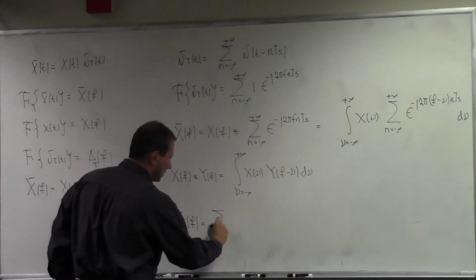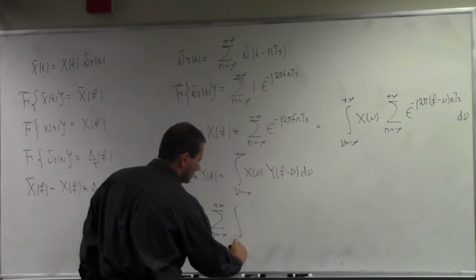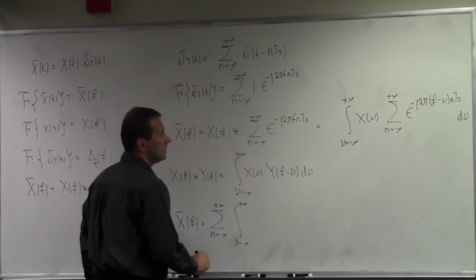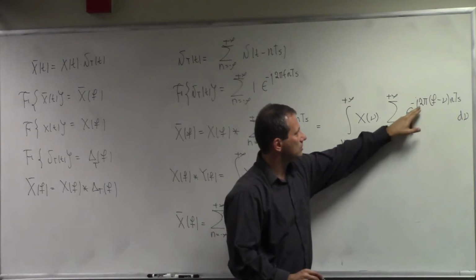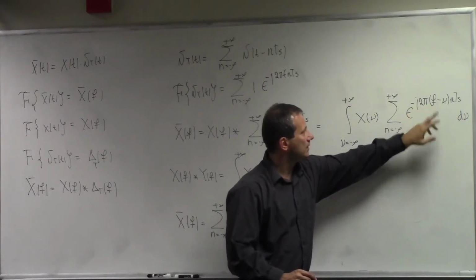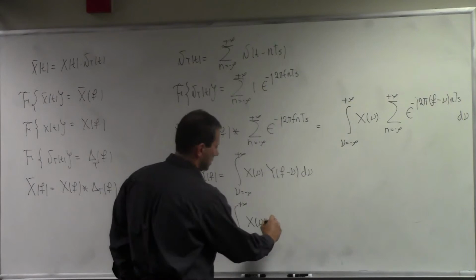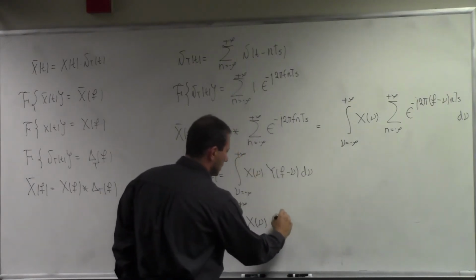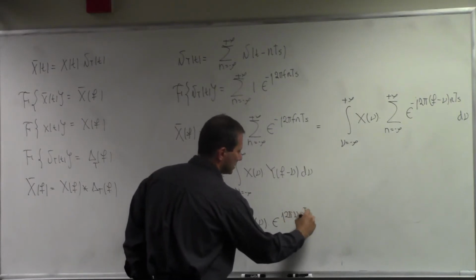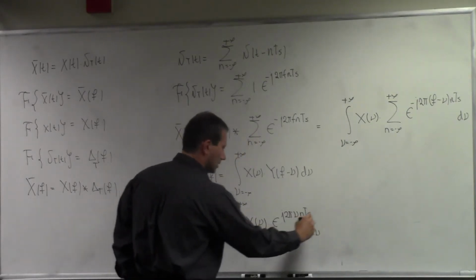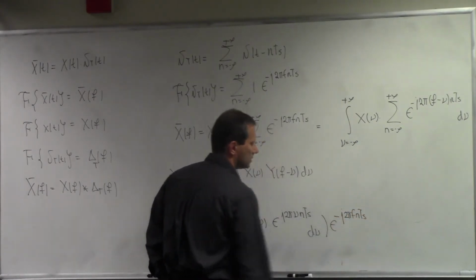This is now the sum, n from minus infinity to plus infinity, of the integral over nu, and the e to the minus j 2 pi f n Ts goes outside, so what's left is X of nu times e to the j 2 pi nu n Ts, d nu, times e to the minus j 2 pi f n Ts.